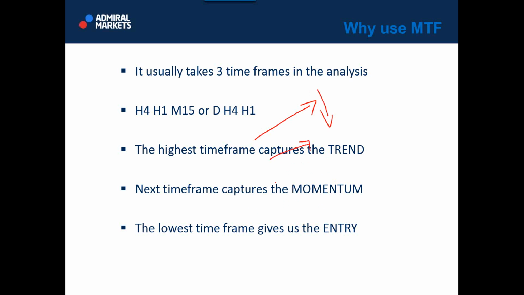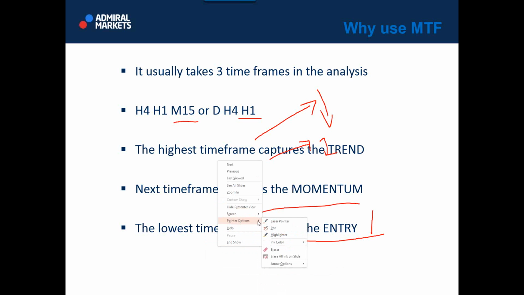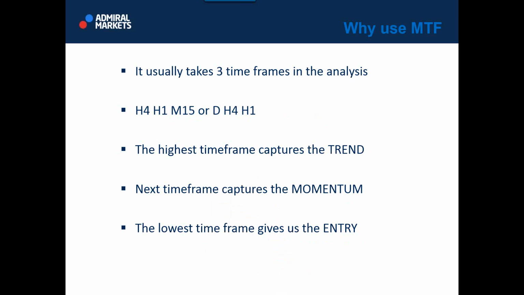Then the lowest time frame of all of these, M15 or 1 hour, needs to lose the momentum to have a retracement to be able to give us the entry. I will repeat this once more so you can memorize the logic behind what I'm speaking about.